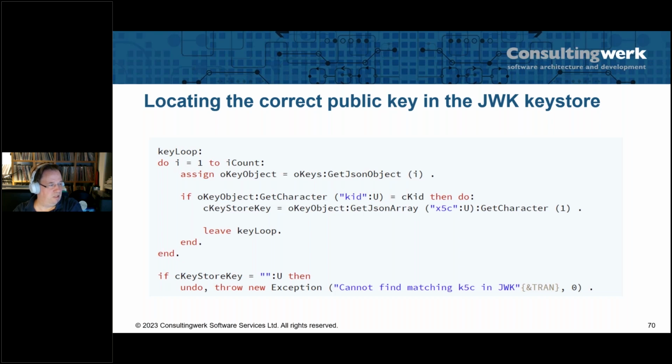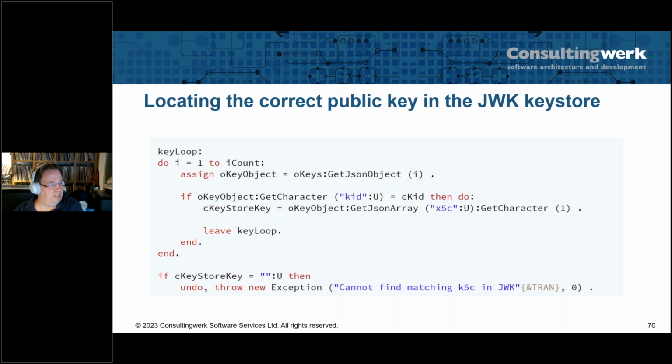When we do not find one, when we have a problem, then either the server-side configuration of the key store is not correct, or the JWT token has been signed using a key that is no longer valid, or, well, somebody's trying to provide us with a fake JWT key file.